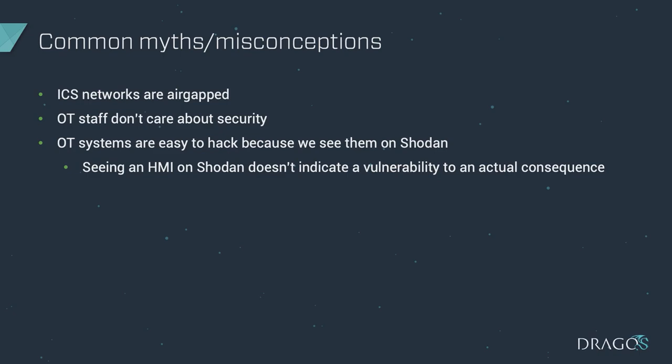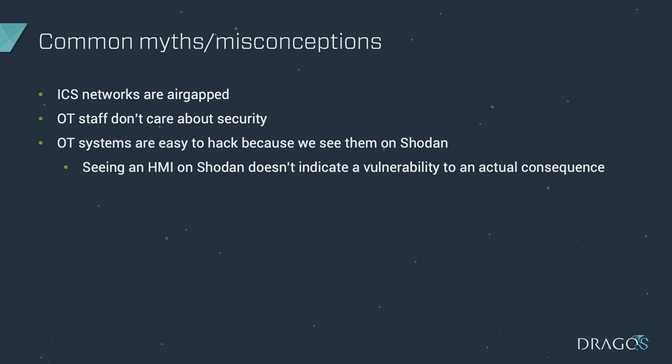And then you have this idea that OT systems are easy to hack because we see them on Shodan. Seeing something on Shodan, for instance, an HMI, doesn't necessarily indicate a vulnerability to an actual consequence. OT, ICS, SCADA devices, they have a lot of digital and safety controls built in them, especially when we're talking about critical infrastructure like electric utilities or oil and gas.